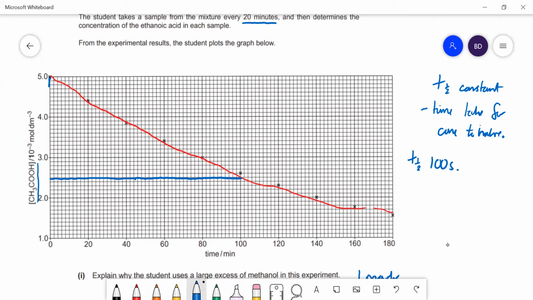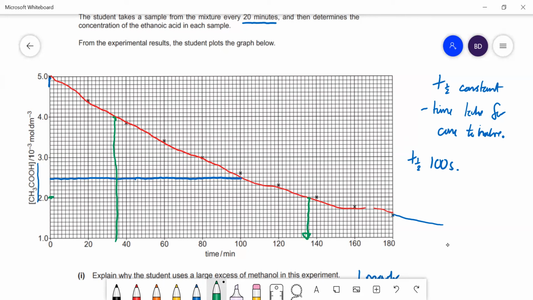Normally, what we'd do then is see how long it takes to halve again, from 2.5 to 1.25. But that is somewhere over here, so we can't do that. So let's see the time taken to drop from 4. Okay, here's 4. That's when it's 4 times 10 to the -3. How long does it take to drop from 4 down to 2? So that is about there.